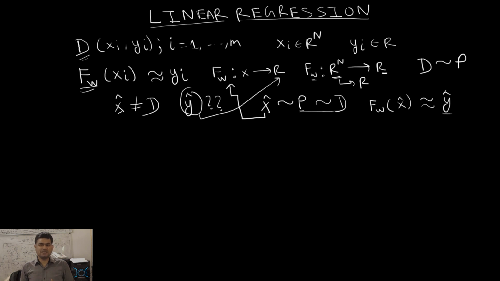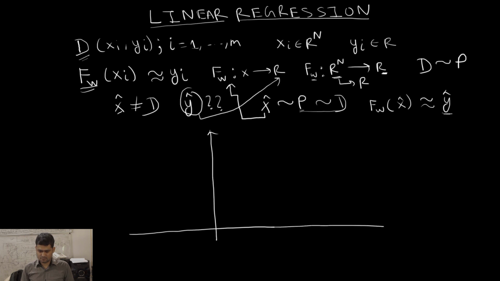But to get a better understanding of what we are actually doing, let's consider a very simple example. Assume that we have a data set which looks something like this. This is the x-axis and this is the y-axis. Assume that we have a bunch of data points, that is, m data points.